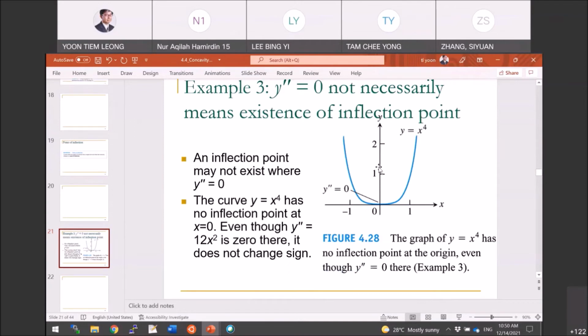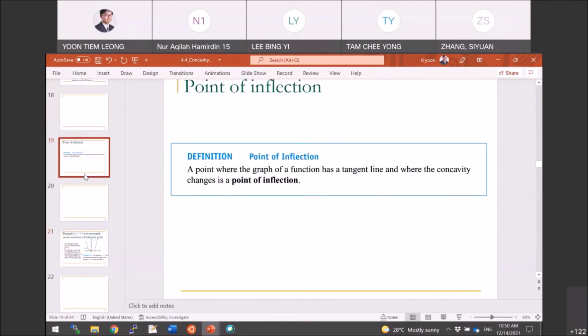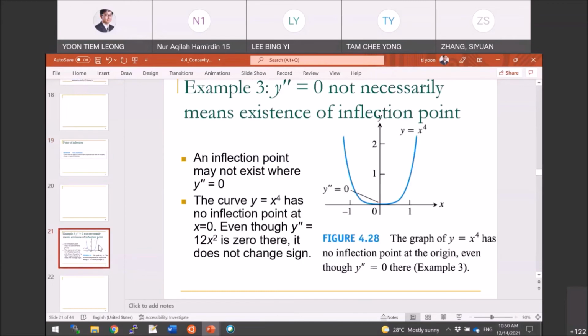Now, this example tries to illustrate a situation to you. The inflection point is not simply a point where the y prime prime is 0. An inflection point, by definition, is a point where the sign of y prime prime changes. Okay, so if you have a situation like this, where y prime prime is 0, but it doesn't change sign across x equals to 0, then this is not an inflection point.